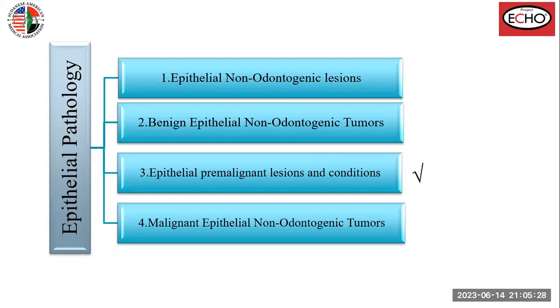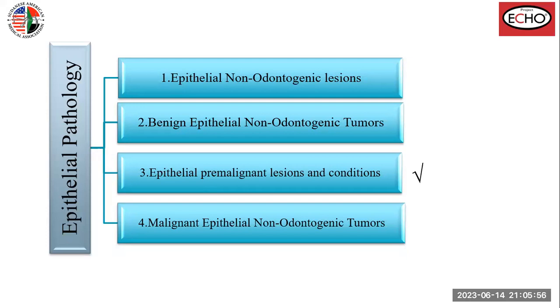So it's not actually related to the structure of the tooth or the tissues that are forming the tooth, but they are rather found in the oral cavity. So the second category is benign epithelial non-odontogenic tumors. And these first two categories have been discussed in the first lecture. You can always refer to that first lecture for review.